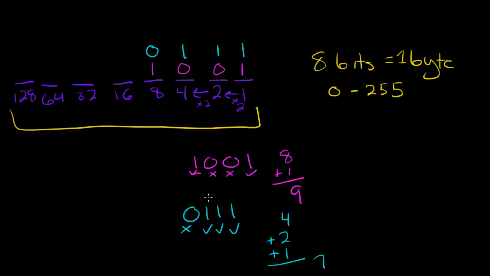Now, we pretty much use the same logic in reverse when trying to figure out if we take an existing number and try to convert it to binary. So let's say that we're trying to figure out how to write the number 7.